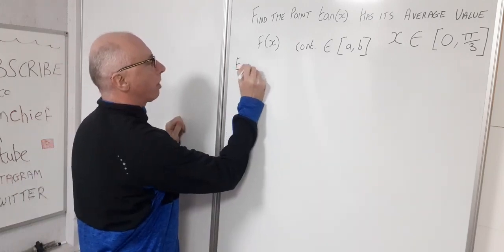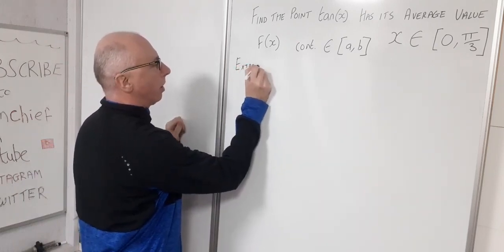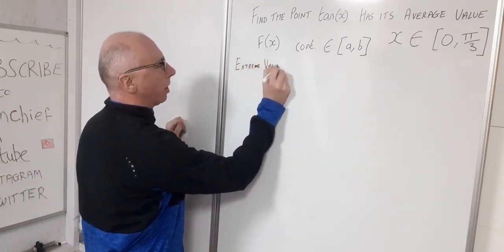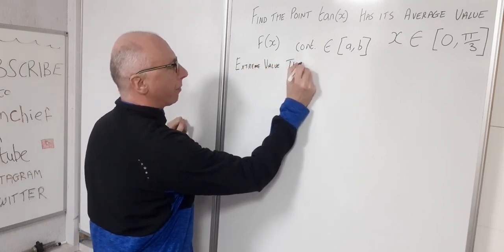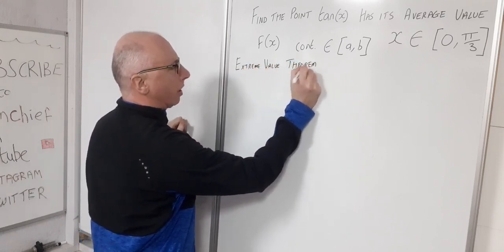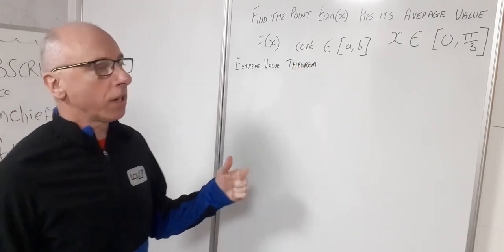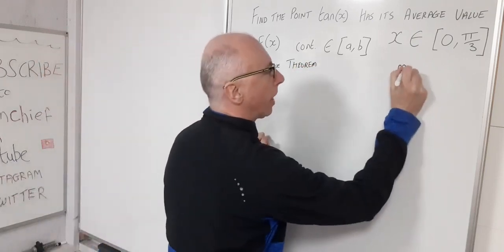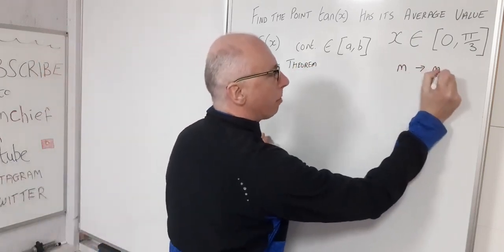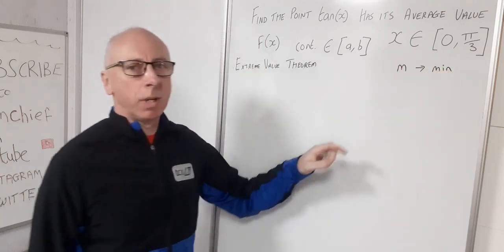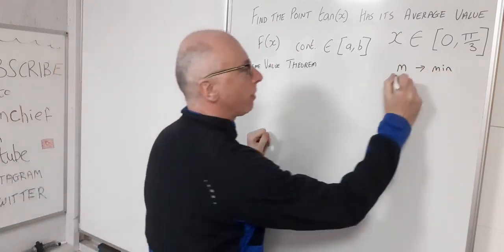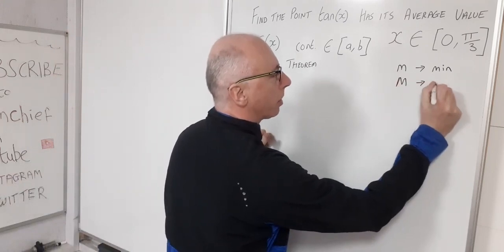Extreme value theorem. Now here we'll assign m as our minimum value. So that's our minimum. And we'll have capital M as our extreme value, as our maximum value.